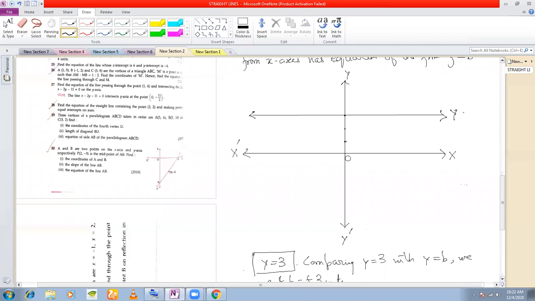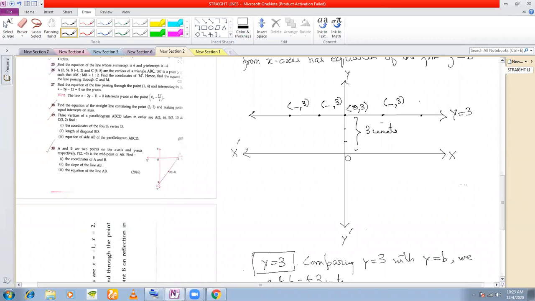This is your line y is equal to 3, passing through (0, 3). Any point on this line will always have y coordinate 3. The x coordinate can be anything, but the y coordinate will always be 3.